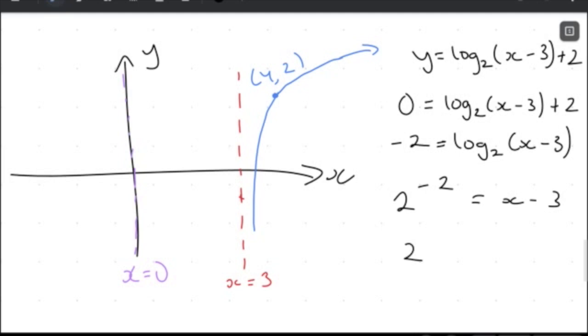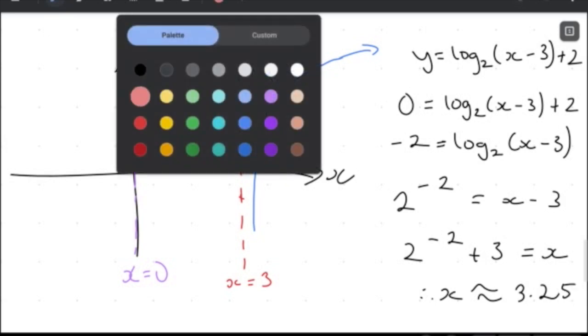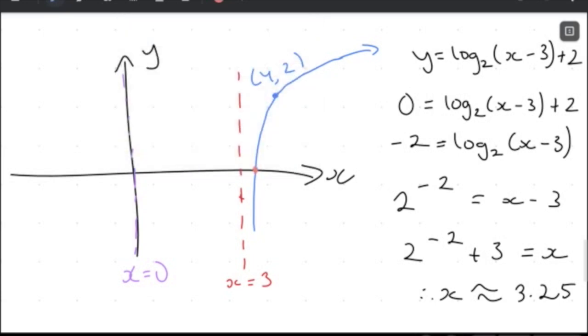So I get that x equals 2 to the power of negative 2, plus 3. So our x is approximately, once you put this into your calculator, 3 1/4 or 3.25. So my new intercept is over here at 3.25, 0.